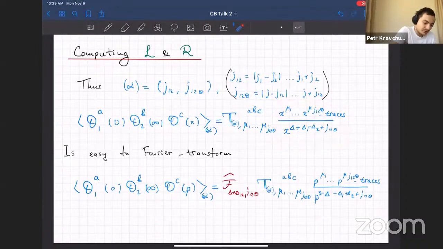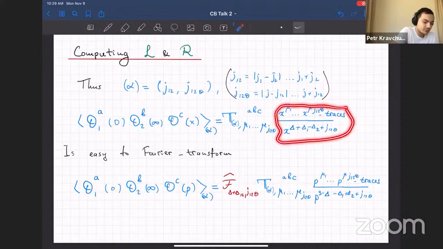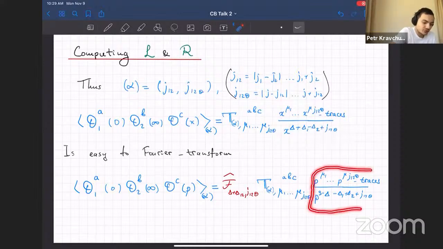This expression has two properties. It has a particular scaling with respect to dilatations, and it transforms in some traceless symmetric representation. And when we take the Fourier transform, we should get an object which has the same transformation properties. But there is only one object which has the same transformation properties, and it's also P^μ1, ..., P^μl, with some other power of P in the denominator.